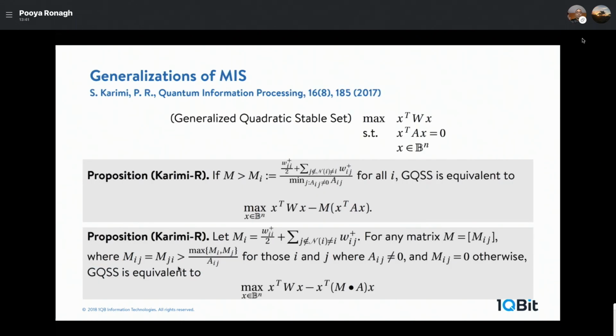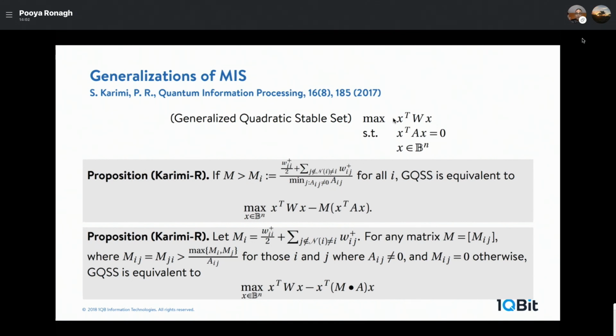So the problem we're looking at has the same independence constraint, but also another quadratic constraint, which is also an independence constraint, but you can think of this as being a soft constraint and the adjacency being a hard constraint. So this appears in scheduling problems, for example.